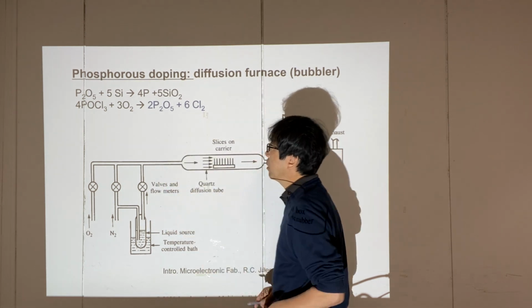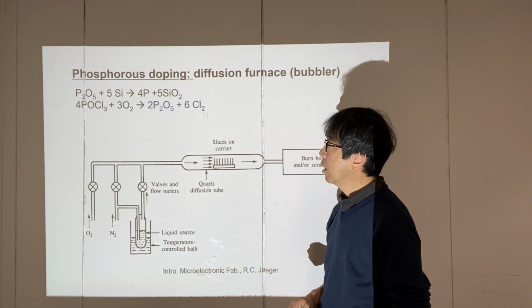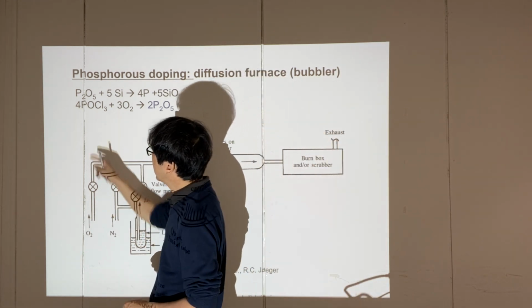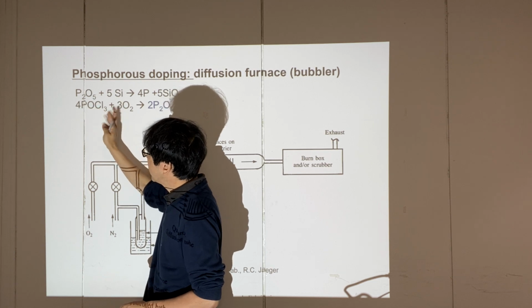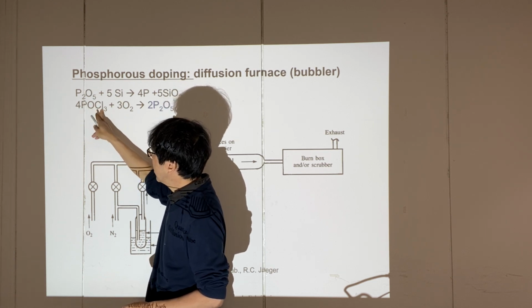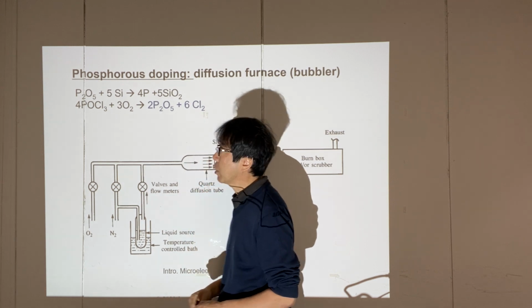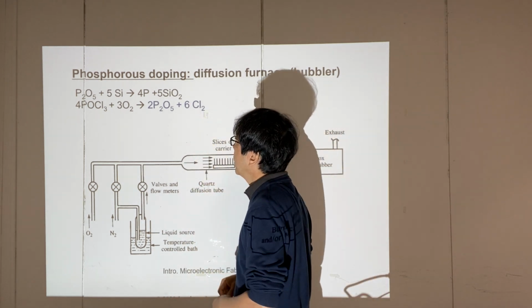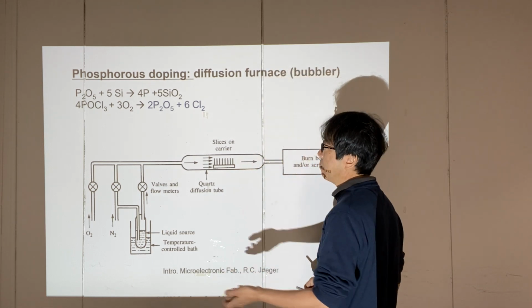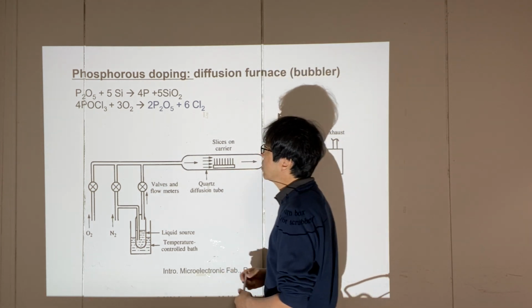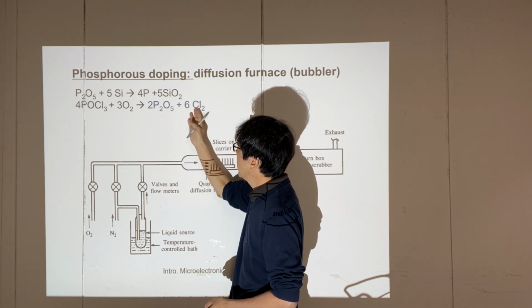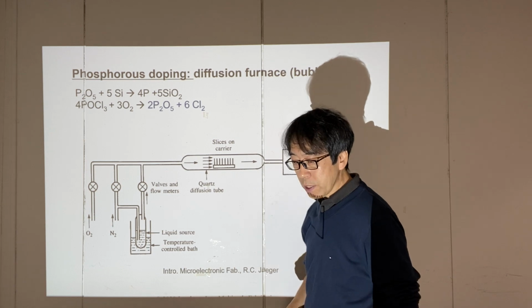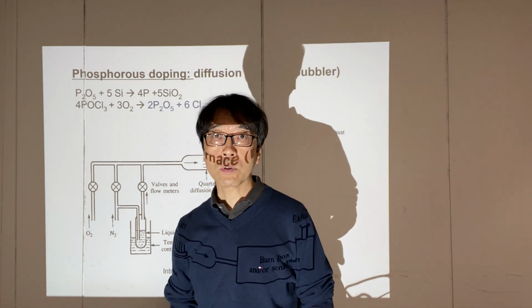How do you get this phosphorus pentaoxide? The original supply chemical you use is POCl3, phosphorus oxychloride, and we call this Pockle. It looks like Pockle, right? And Pockle reacts with oxygen, which you can supply. That produces phosphorus pentaoxide and chlorine. So this is a really toxic process, and it's a really hazardous chemical.